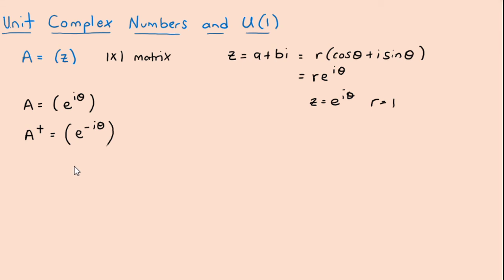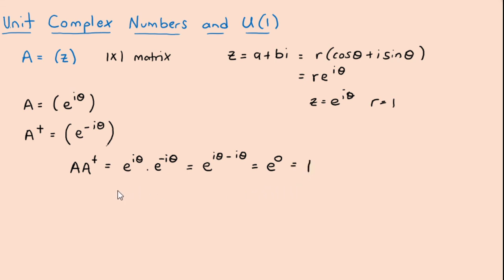Okay, now what happens if you do A times A dagger? Well, then you're going to get e to the I theta times e to the minus I theta, okay, which is e to the power of I theta minus I theta, which is e to the power of 0, which is 1.